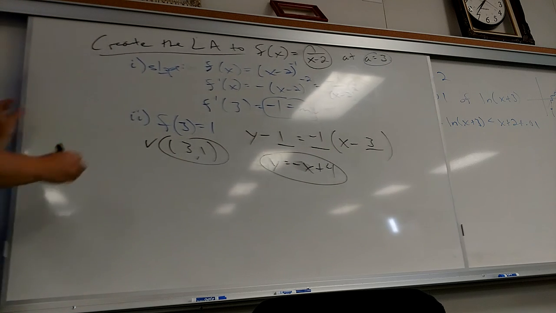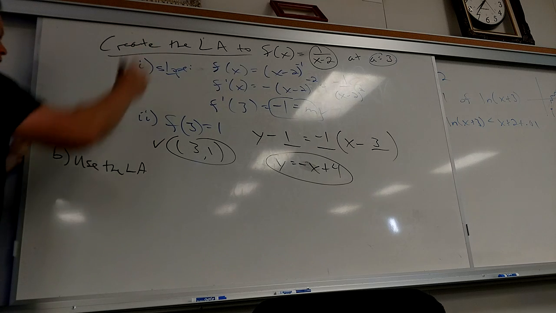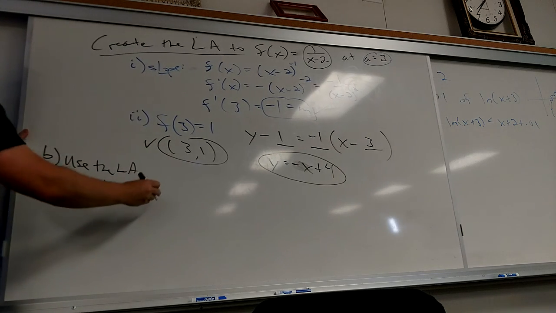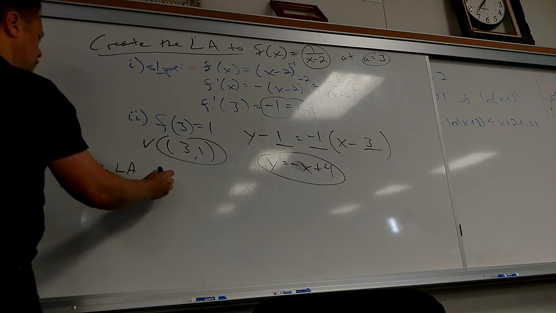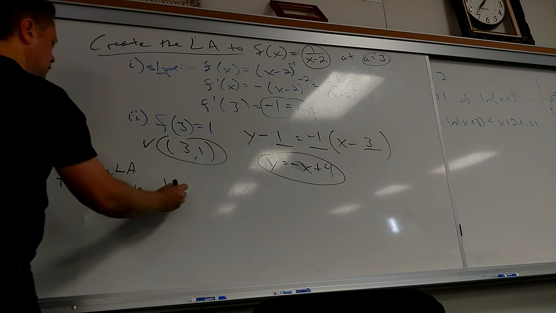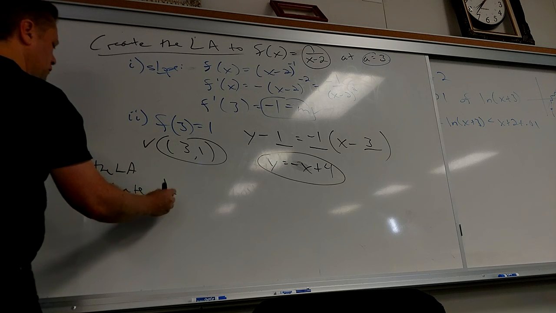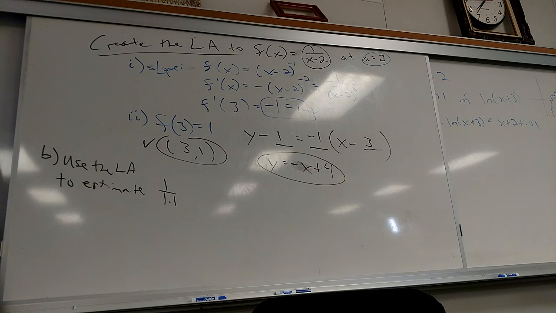Part B would then say, use the linear approximation you just found to estimate, let's say, 1 over 1.1. So what does that mean x is?